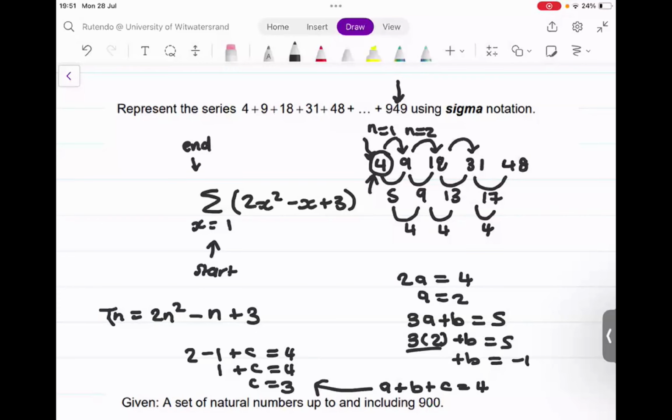So I think my battery will survive till then. So it'll always start at 1. When you're writing the sigma notation, you'll always start at 1, because when you make your general term, you are assuming that you're starting at n equals 1. So it'll always be 1 when you're writing the sigma notation.